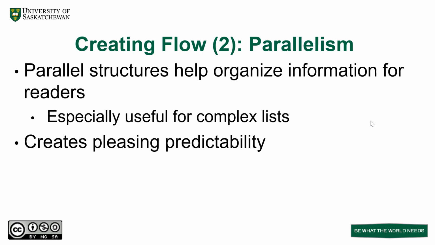We often have a sense of the importance of parallelism if we're making a bulleted list, for instance, but it's equally important if we are writing a list in extended prose. The benefit is that it creates a nice predictability, which means that readers are really focusing on the content and not becoming distracted by how the content has been organized.